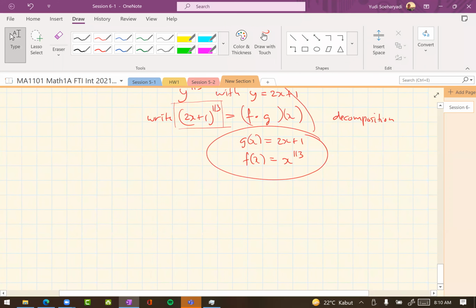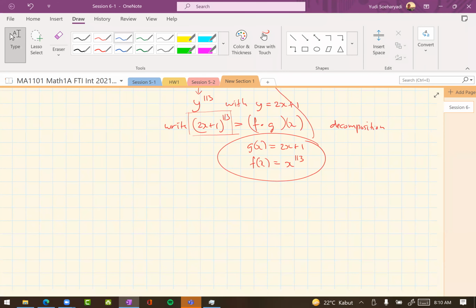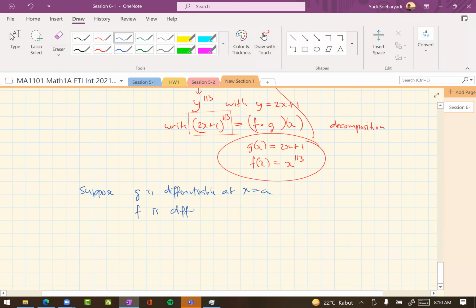So I'll just give you directly the chain rule. Suppose g is differentiable at x equals a, and f is differentiable at g of a.